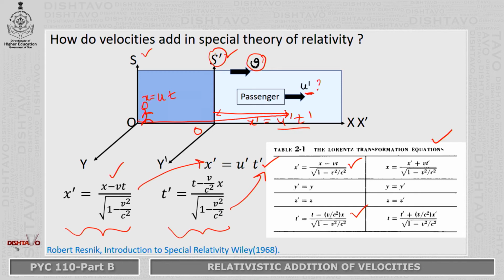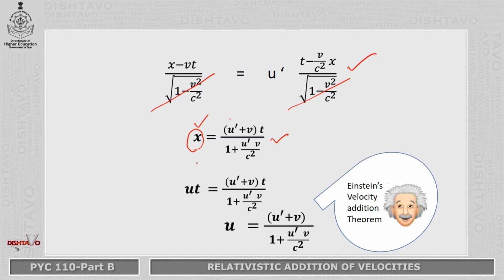So, the displacement of this passenger will be x is equal to u t. So, x is replaced by u t and t will be cancelled, and you get this expression, that is Einstein's velocity addition theorem.